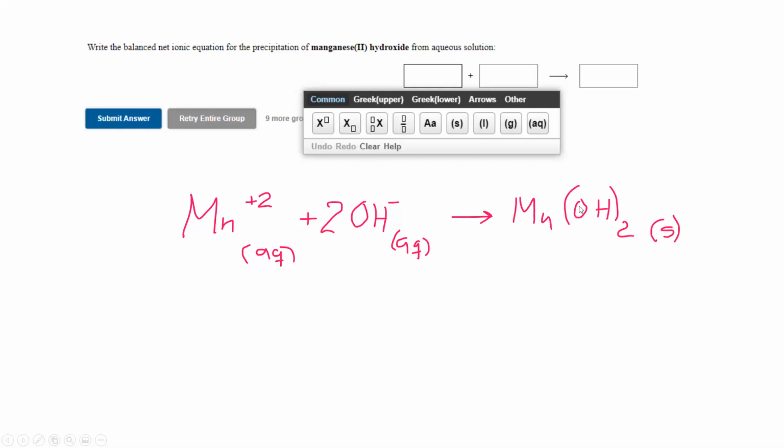Remember that the OH in this case contains 2 hydroxide, and it is as a subscript in parentheses of this compound anion. And the symbol of solid, this one, will be as a subscript using this.